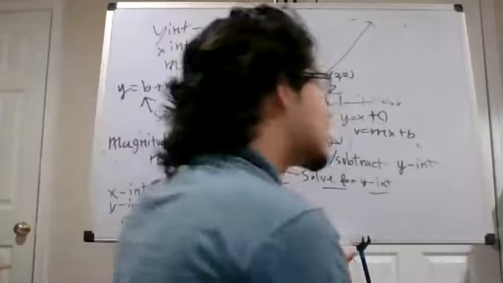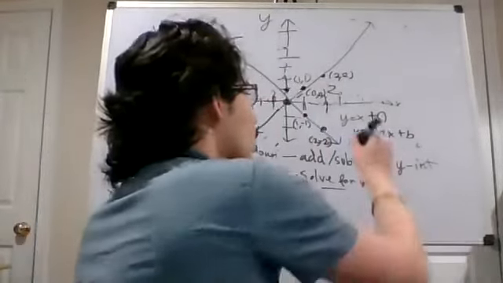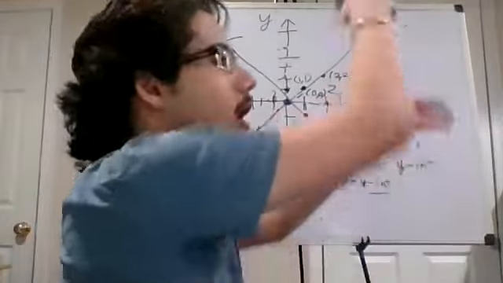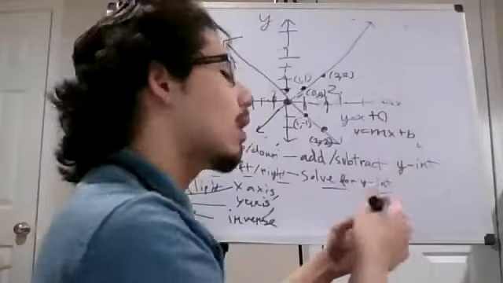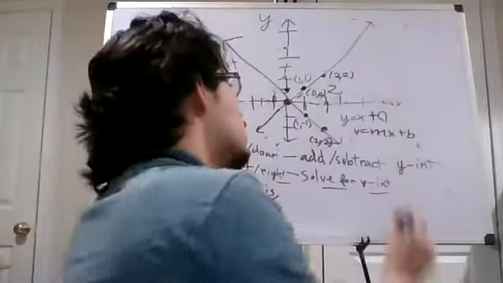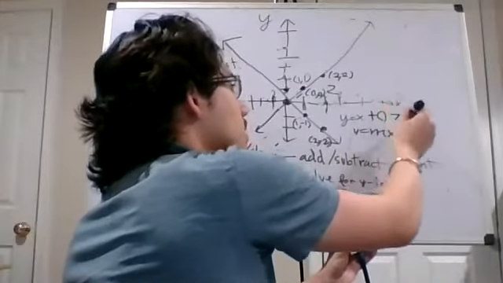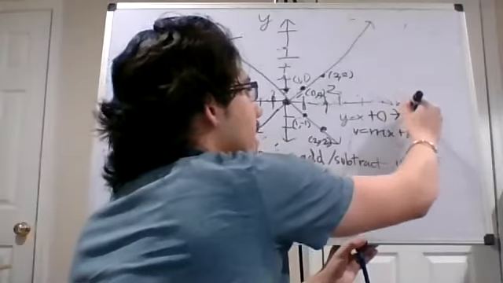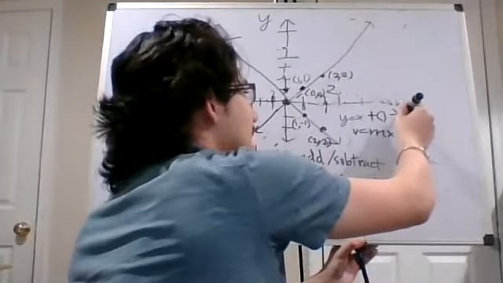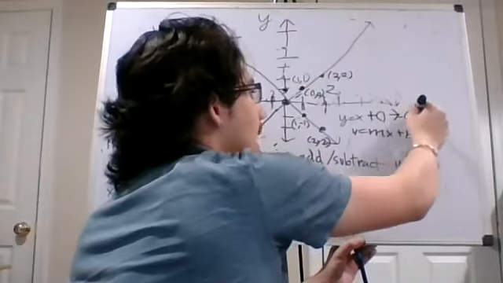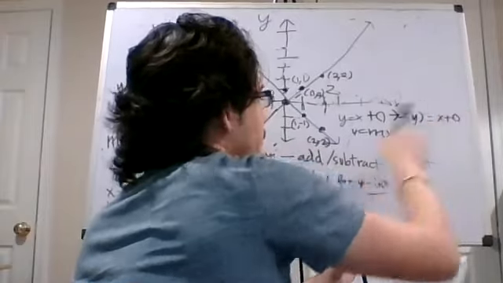So arithmetically, we could say that because you flipped over the x-axis, it's technically flipping the y, or making the y opposite. So taking our original equation, y equals x plus 0, flipping it over the x-axis would now be saying it's negative y equals x plus 0.